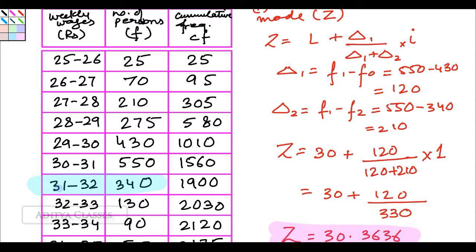So lower limit is 31, frequency is 340, interval is 1 and preceding CF is 1560. So our formula becomes Q3 is equal to 31 plus 1650, that is location, minus 1560 upon 340 into 1.